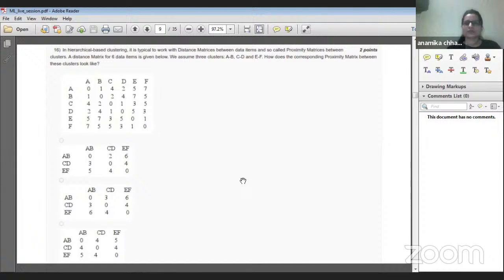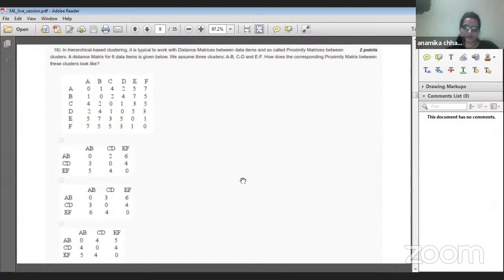Now the question is, if you can imagine this, here we have a cluster, and here we have a cluster. This cluster has some elements, and this cluster has some elements. Now you're supposed to find the distance between these two clusters. How do we do it? Can you think of it? There are different measures that can be used.